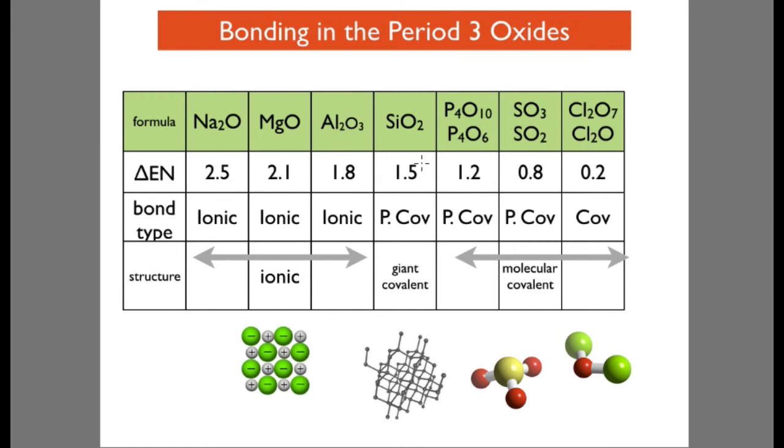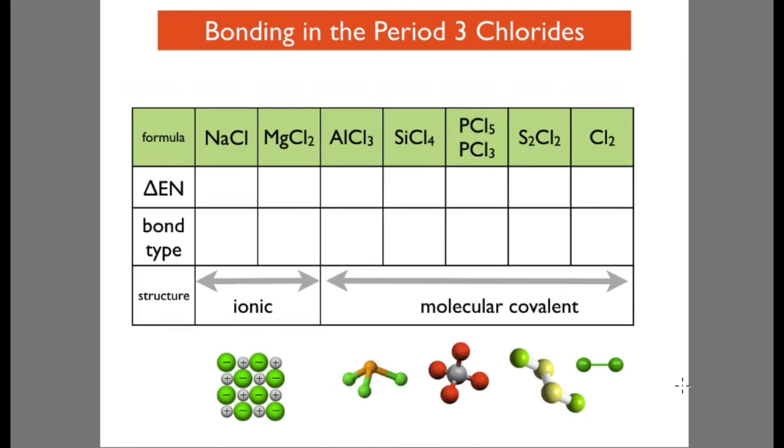Then we've got silicon and phosphorus and sulfur oxides are all polar covalent. And then only the chlorine is bonding with oxygen purely covalently. These here are molecular covalent, and we have a giant covalent structure here with the silicon dioxide. Okay, we'll talk more about that later.